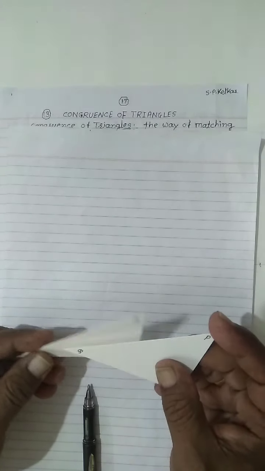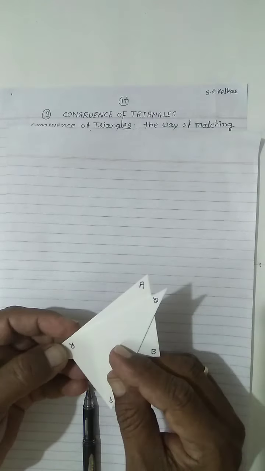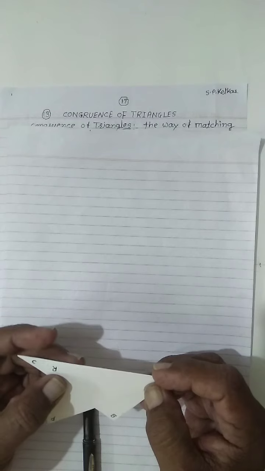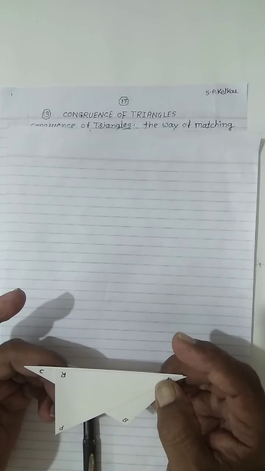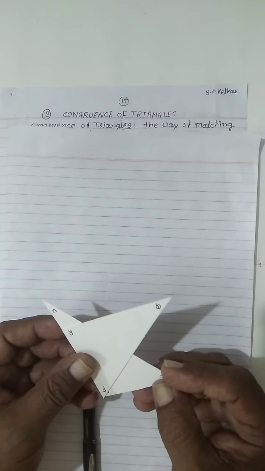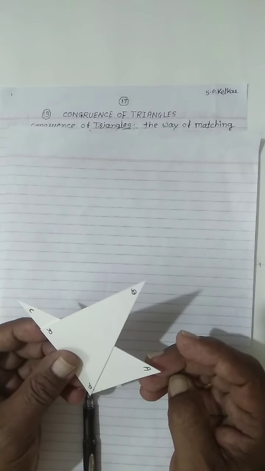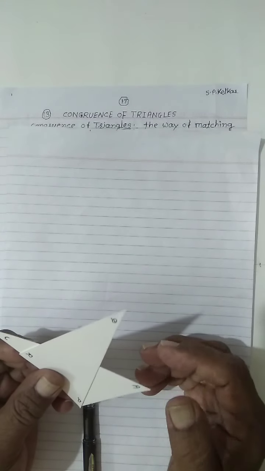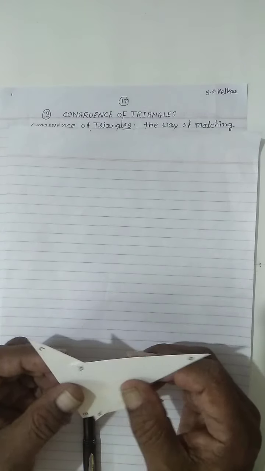If we rotate this triangle like this, then the triangles do not coincide with each other. If we put this triangle in this way, the triangles do not match with each other.